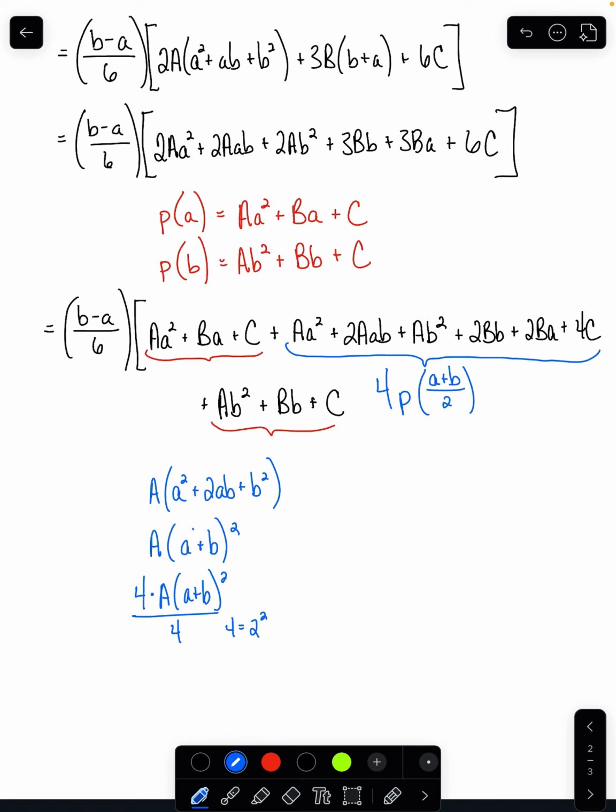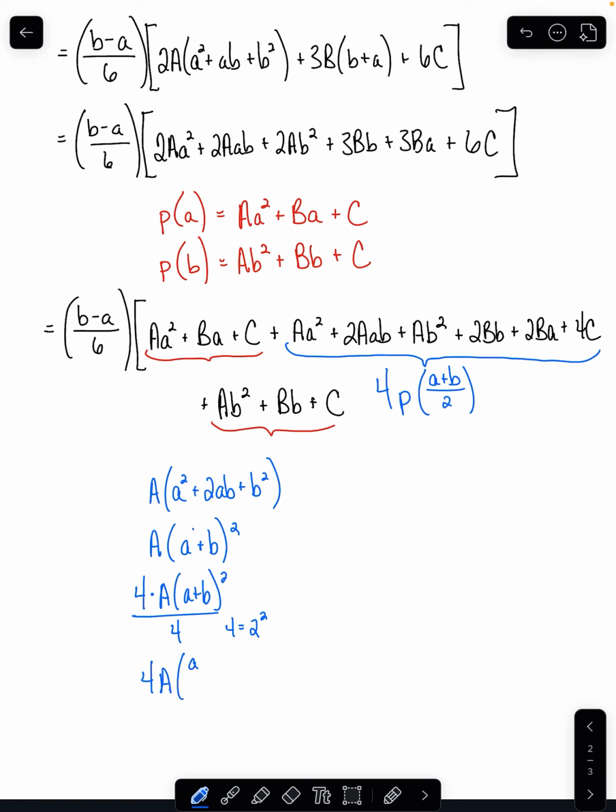And in that way, we can combine this with the a plus b squared in the top, and this term becomes 4 times big A times little a plus little b over 2 squared. That takes care of the first part.